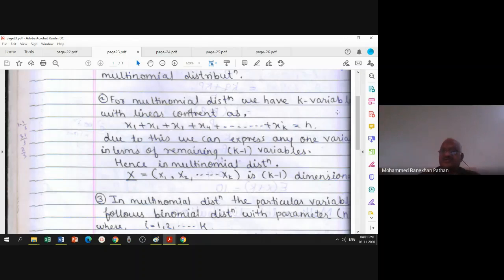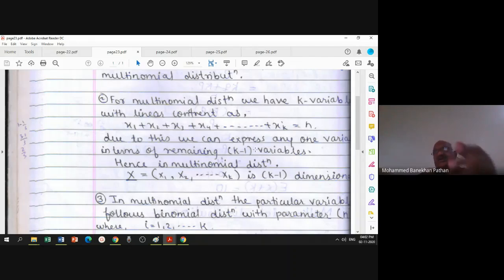That means for studying a multinomial distribution, we don't require k variables exactly. If you have knowledge of k minus 1, you can study k variables. In other words, there are k minus 1 independent variables and one variable depends on these k minus 1.